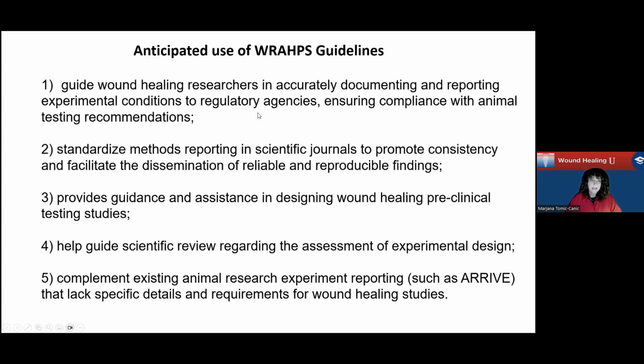There are multiple anticipated uses for this. It aims to guide wound healing researchers for accurate documentation and reporting of these experimental conditions to regulatory agencies, ensuring compliance with animal testing recommendations.